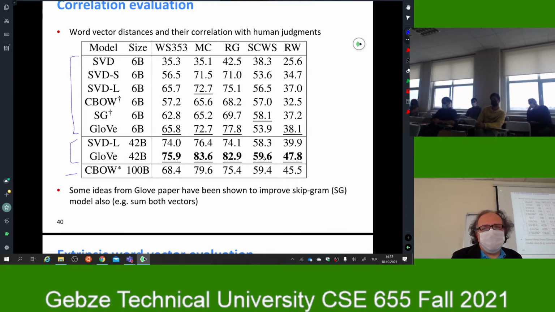GloVe is doing very well in terms of this kind of intrinsic evaluation. But the thing is that GloVe doesn't do very well when it comes to extrinsic evaluation, that is, evaluating it under real NLP applications such as translation, summarization, and question answering.